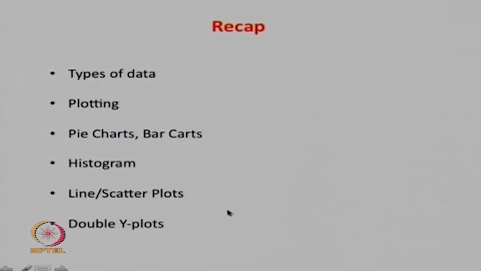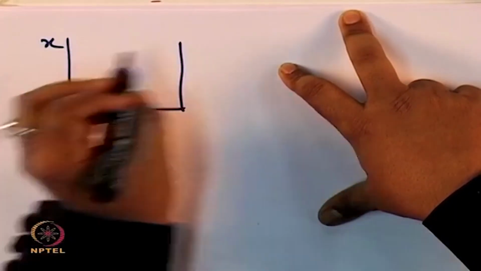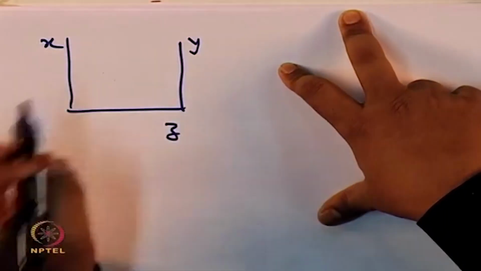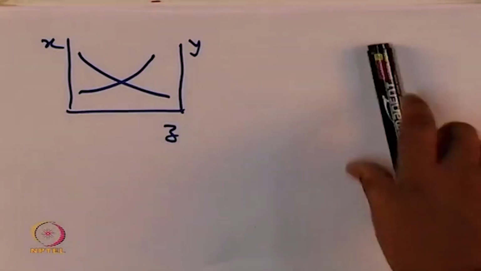I also briefly discussed double y plots, where you have three variables, x, y, and z, with x and y changing with respect to a variable z. Let us take a simple example where z is time, and x and y are two variables which are varying with time, and we want to see how x and y correlate.